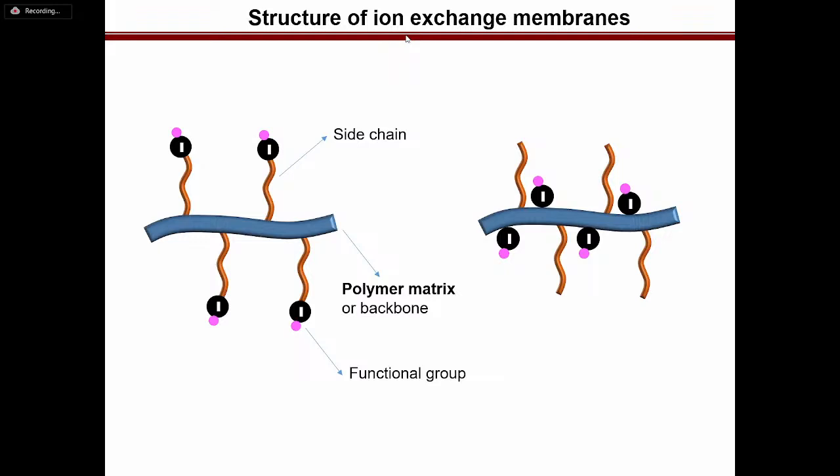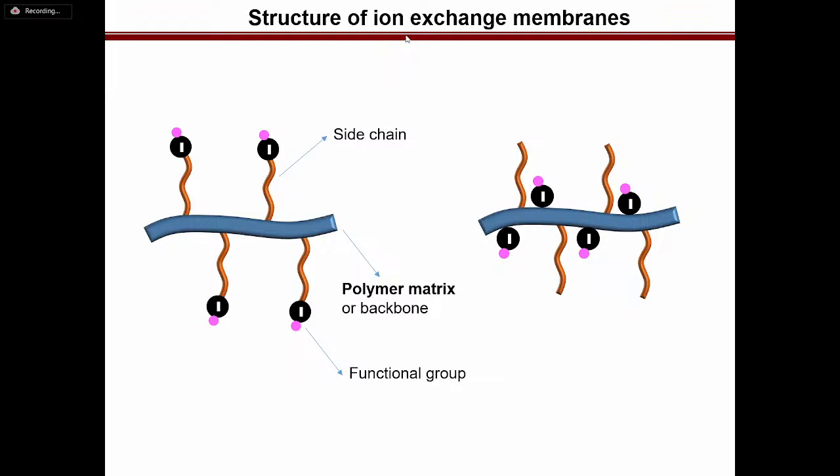Before we end this session today, I would like to summarize a little bit about the guest lecture. This lecture has explained the fundamentals of ion exchange membranes. The first thing is the types of membrane, homogeneous and heterogeneous membranes, and then the structure of the membrane: we have matrix, backbone, and functional group in the ion exchange membrane.